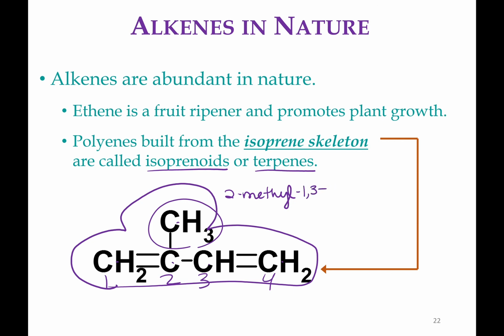It would be a butadiene. Diene, because it's 4 carbons. So even though there's 5 carbons total in this, we have that branching carbon that comes up as a methyl substituent. Now, this is one of the most familiar sources, one of the most common ways that we're going to see these come across in naturally occurring compounds.